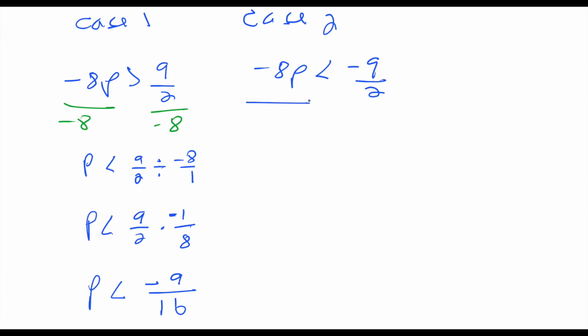So what do? Divide by negative 8. Okay, then divide by negative 8. And we'll do a little trick on this one. So we do 8p, flip the inequality. What's the trick? I don't know why I said AP. That was a test.